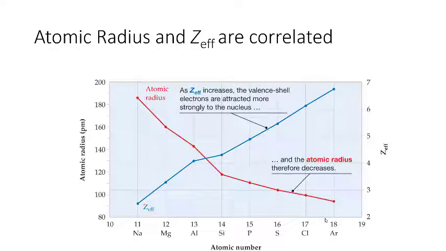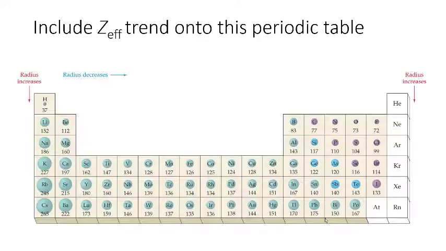The second reason that can explain the trend in atomic radius that we see is the number of energy levels that are occupied by electrons. So as we go down the periodic table, we start with energy level 1, energy level 2, 3, 4, 5, 6.